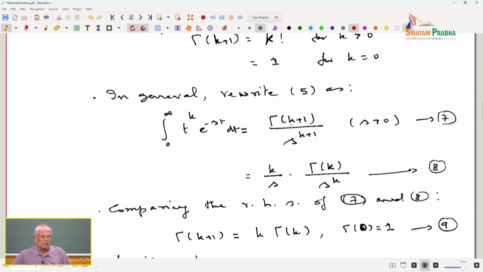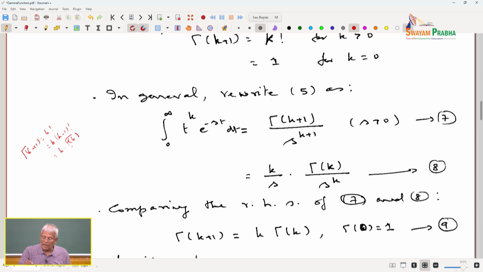Please understand, gamma k plus 1 is equal to factorial k. Factorial k is equal to k times factorial k minus 1, and factorial k minus 1 is gamma k.